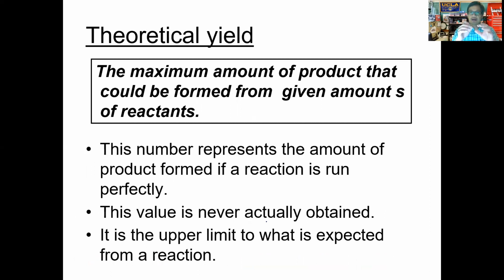If everything went perfectly, if we lived in a perfect world, the theoretical yield is the maximum amount of product that will form. And since our percent yield is never 100%, the theoretical yield will always be a little bit beyond what we'll be able to grab. So this is a calculated value, and we calculate the theoretical yield from the limiting reagent. That's what we just did.